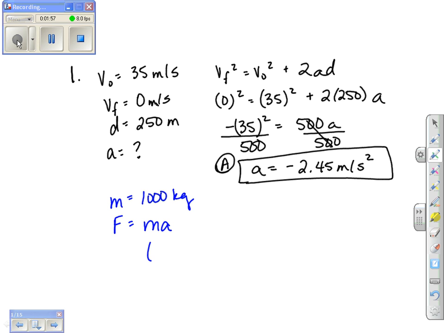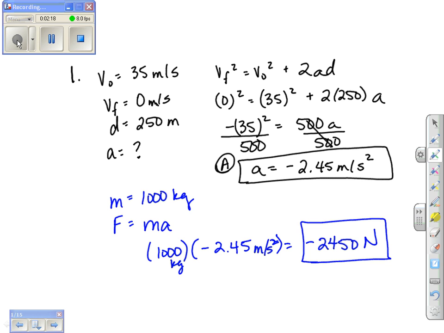Well, that would mean you take your 1,000 kilograms times your negative 2.45 meters per second squared, and you should end up with an answer of a negative 2,450 newtons. And that would be your braking force, which is negative because it's going against your forward motion. All right, moving on.